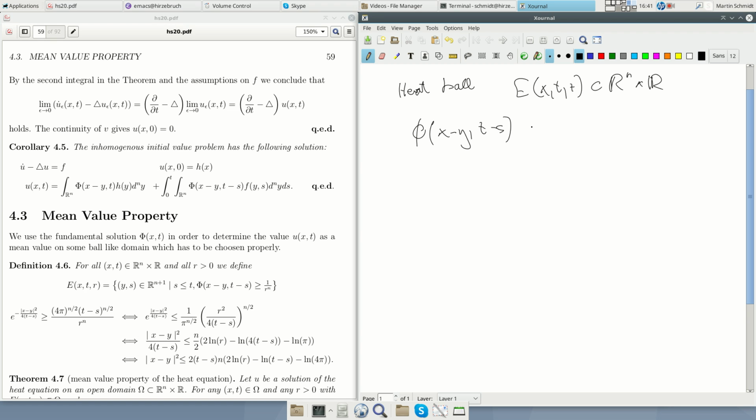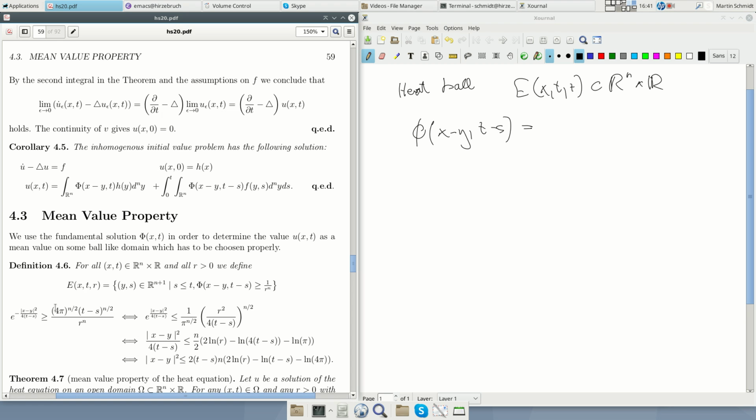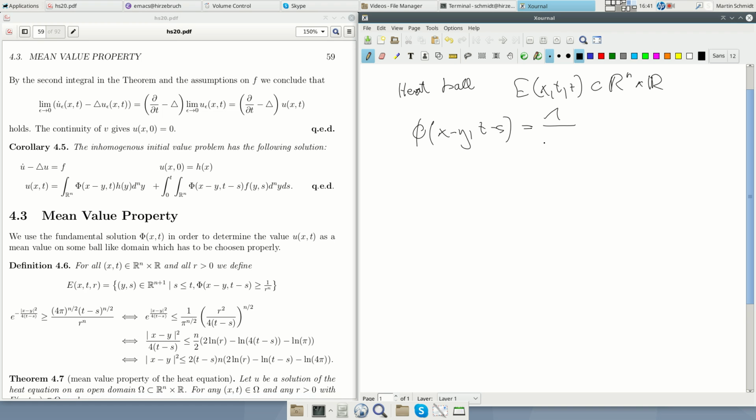This is this inverse factor, so it's 1 divided by (4 pi (t minus s)) to the power n half, times this exponential of minus the absolute value of x minus y squared, divided by 4 times (t minus s).